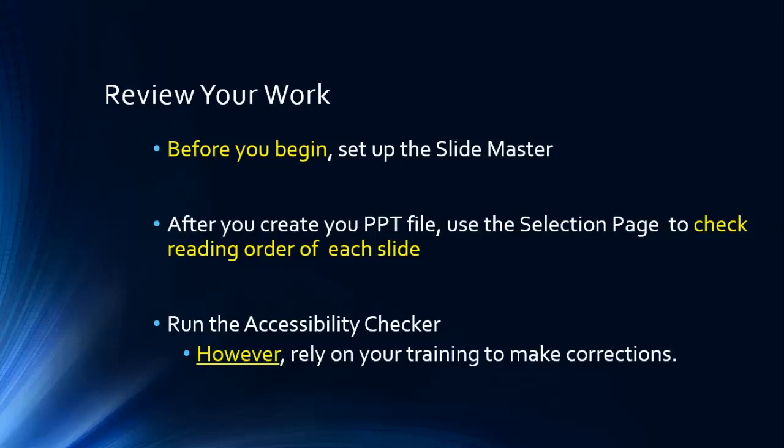And then check each slide for the reading order using the selection pane. If you know that you've made changes, it's helpful to double check all the slides. If you didn't make any changes to the layout itself, like where the placeholders are located, and the title, if you move them around a lot, this is when you're going to use that selection pane for each slide that you created.